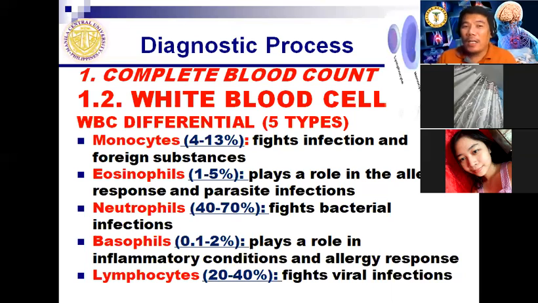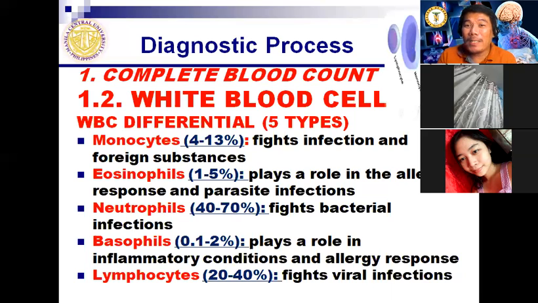In general, if we talk about infection, it may not identify bacterial or viral. Monocytes is one that may have a significant increase if it is related to infection. The next thing to check is what type of infection. Okay, so this is now how you will do it.